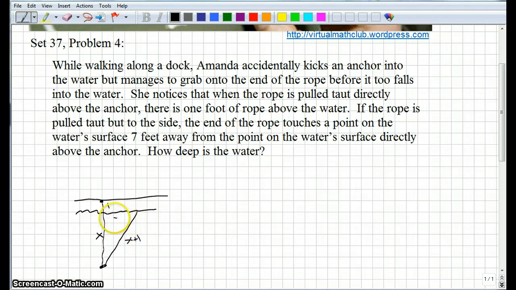And so you can start to see a triangle here, can't you? When the rope is directly above the anchor, it's going to make a 90-degree angle with the surface of the water. So you see we have a right triangle too. So now we can just apply the Pythagorean theorem.